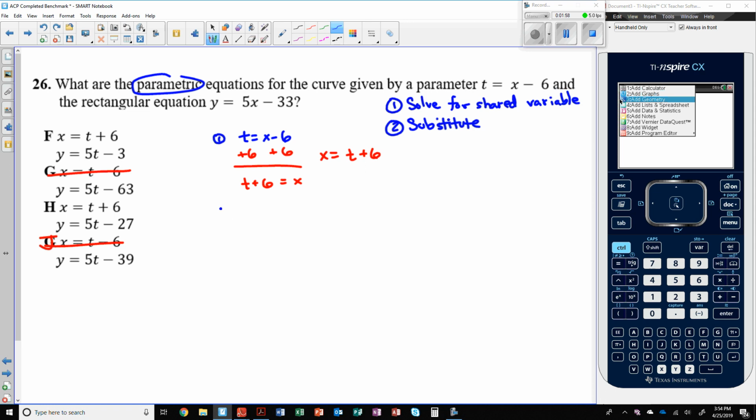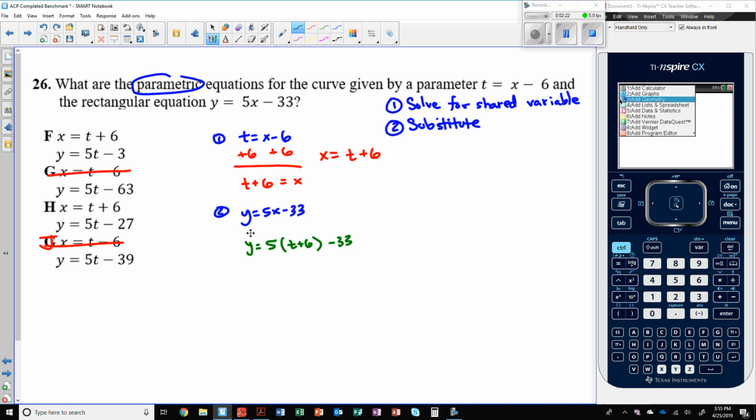So step 2, let's substitute x into our rectangular equation. I pull that down. It was y equals 5x minus 33. I want to substitute t plus 6 in, and so I'll have y equals 5 times, instead of x, we're going to replace it with t plus 6, and then minus 33.